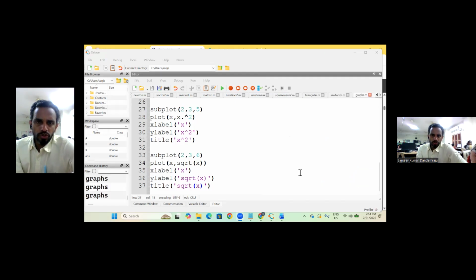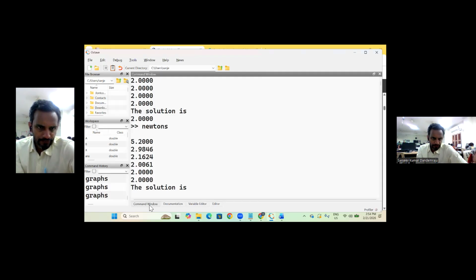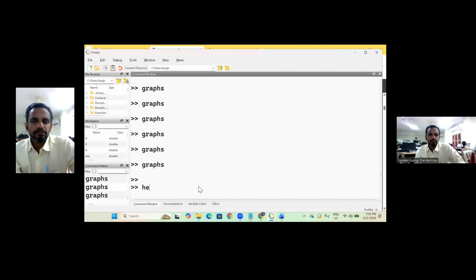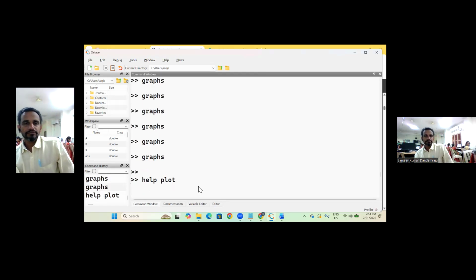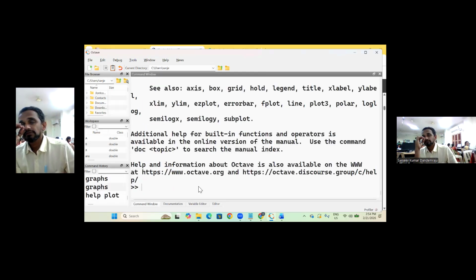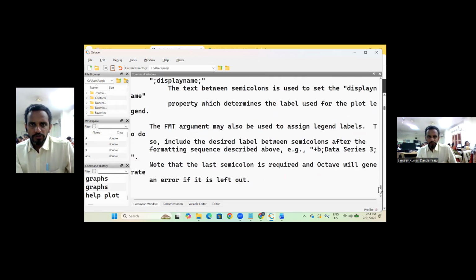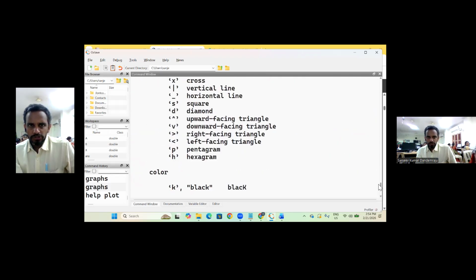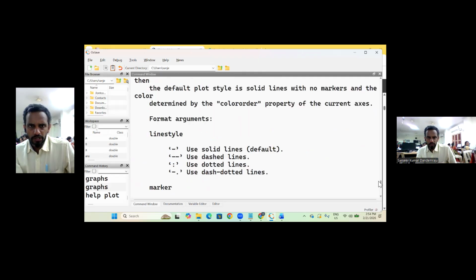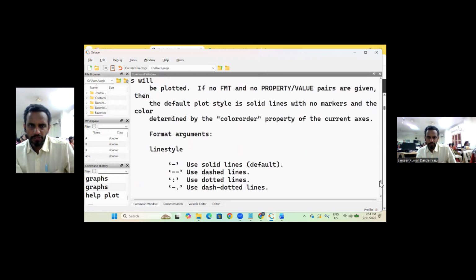So to know further options, go to the command window and type help plot. These are the various options available in the plot command.